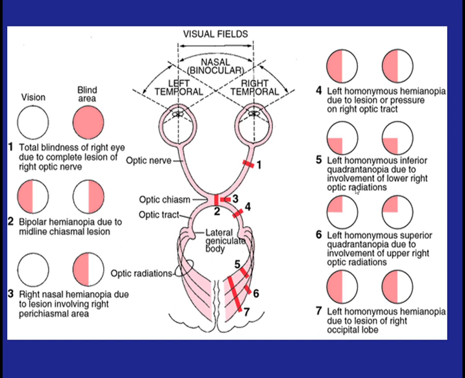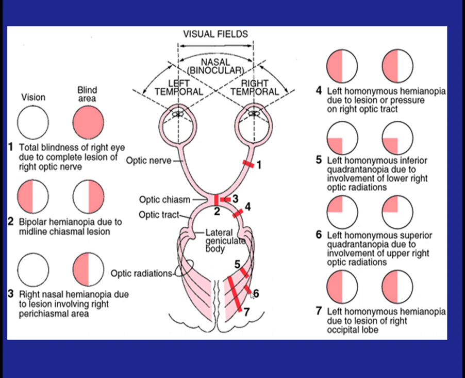Number 5. Left homonymous inferior quadrantanopia due to involvement of the lower right optic radiation. We reverse the image.